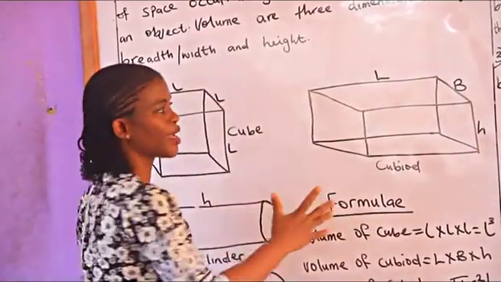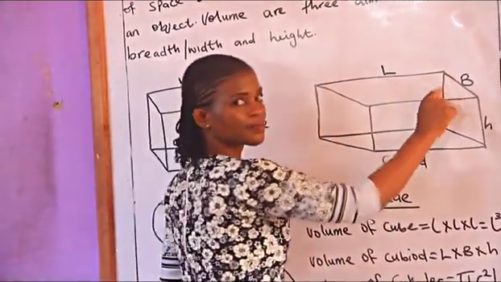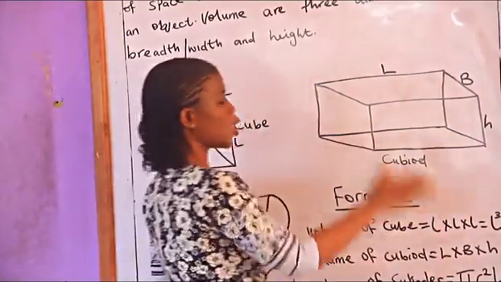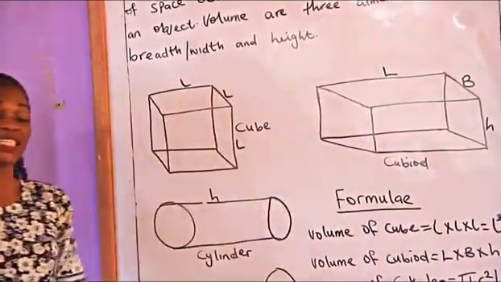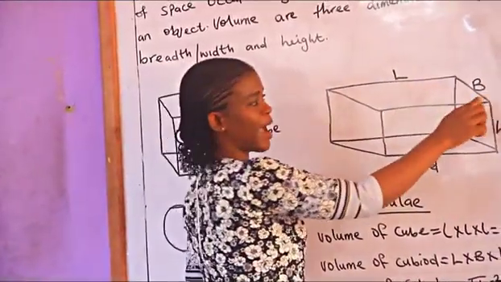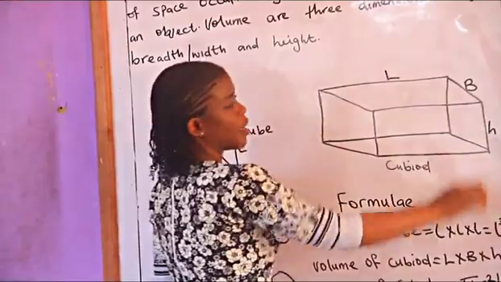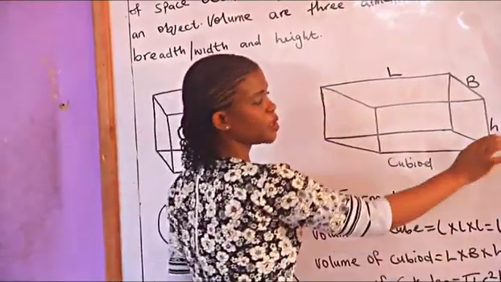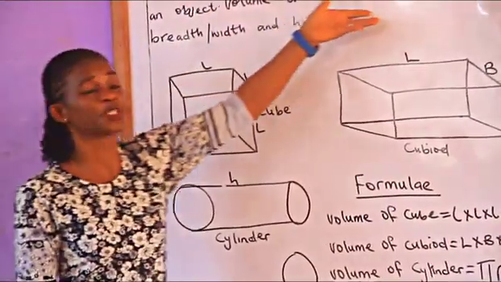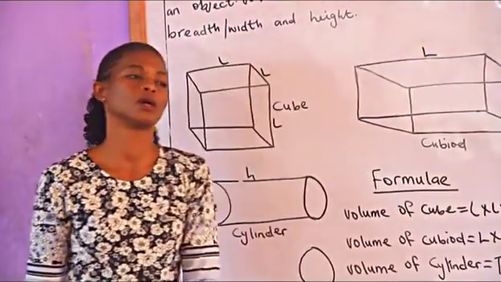And that is why we have the length, the breadth, and then the height. Because the formula for finding a rectangle is length multiplied by breadth. Then the height is included to get the volume, since volumes are always three-dimensional.